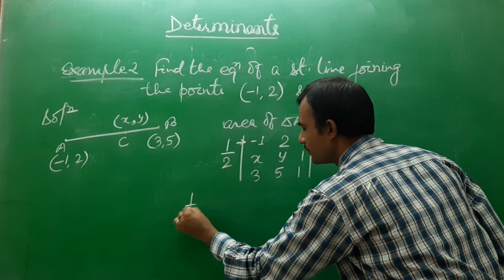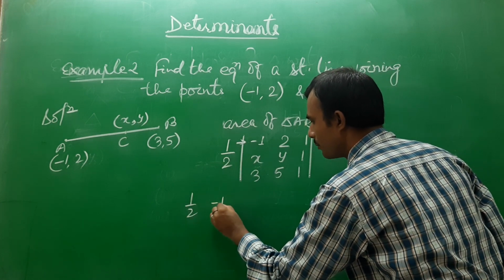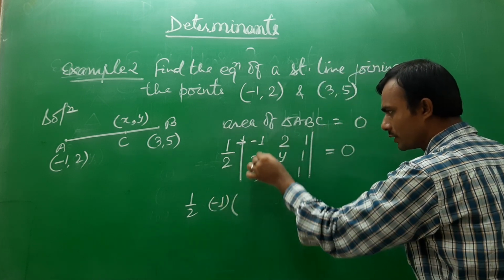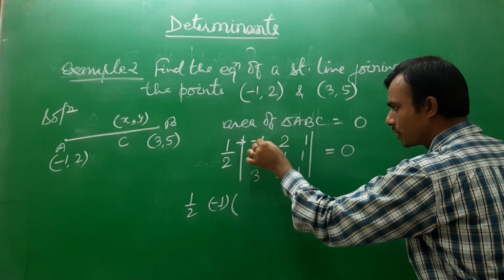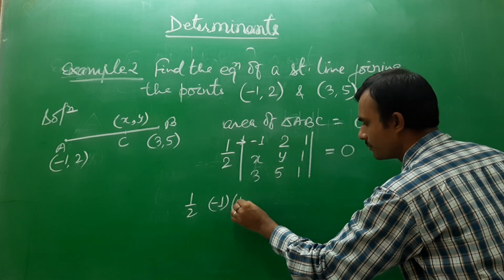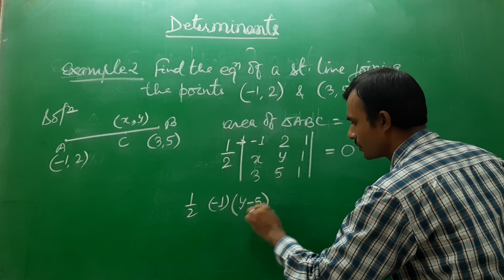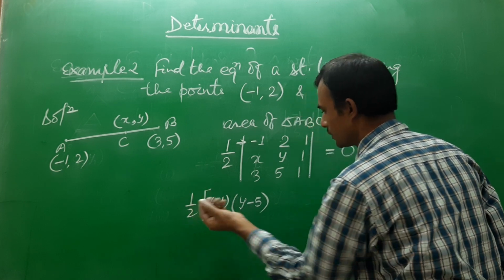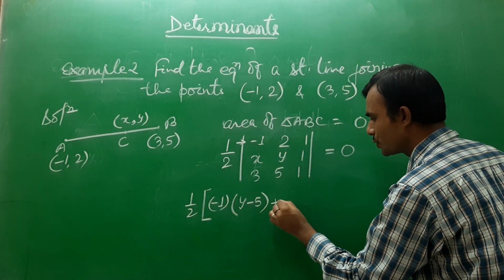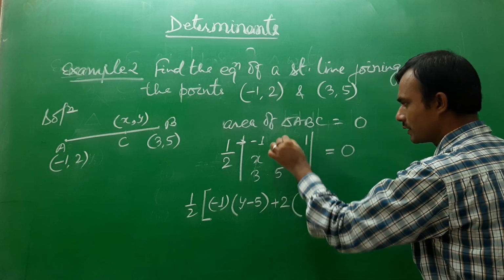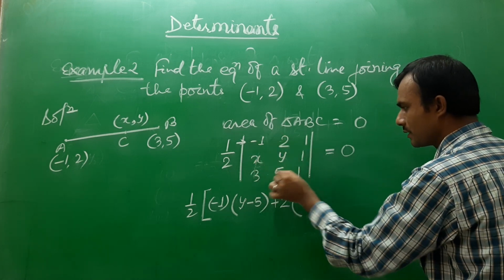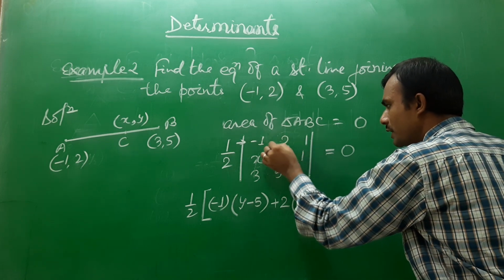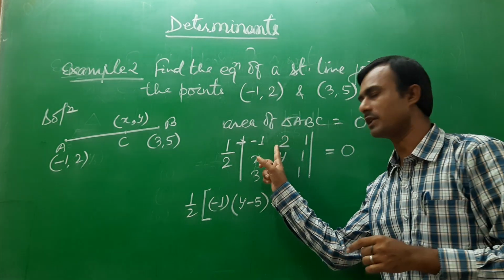So here half, -1 into the cofactor of -1, by deleting the row and column, y - 5. Then the second element, +2, and its cofactor, x - 3, and in the cofactor you must take care about the position of the element.